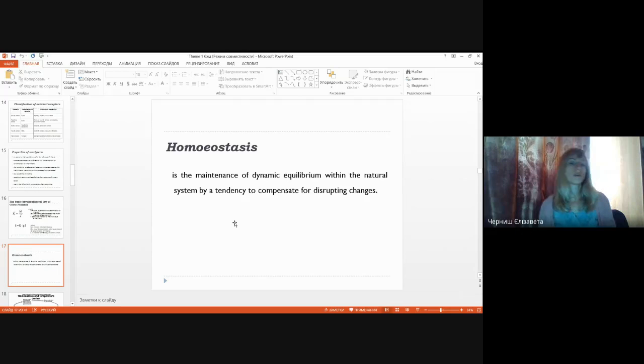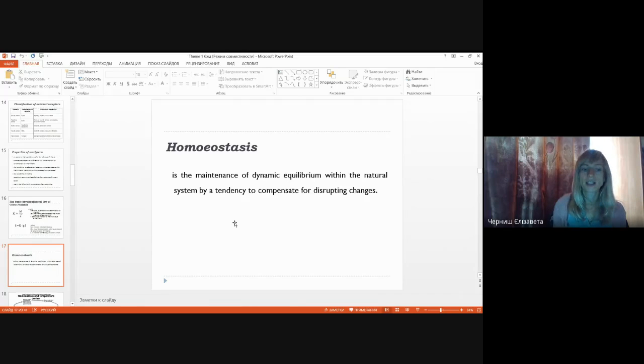It's very important for determining how our body communicates with the environment, adaptation to different types of change in the environment, and these processes influence homeostasis. Homeostasis is the maintenance of dynamic equilibrium, in which a natural system tends to compensate for disrupting change.